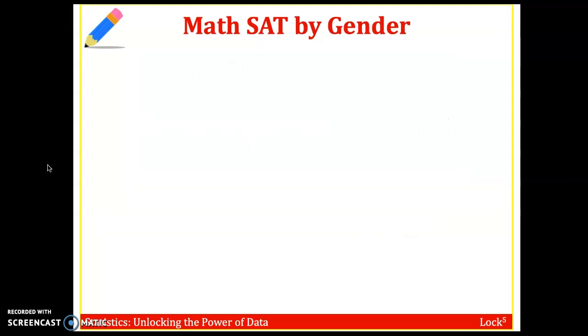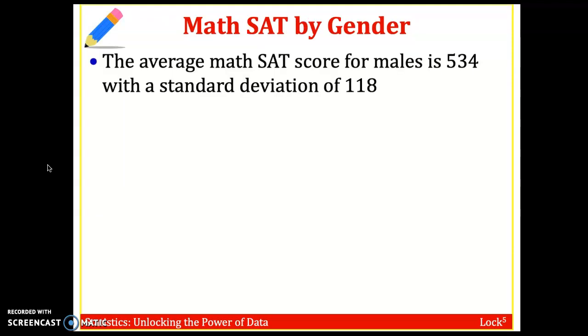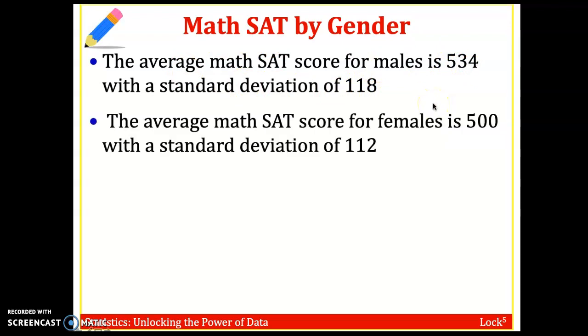All right, let's look at math SATs by gender. We're looking at math SAT score, which is a quantitative variable, and then breaking it down by gender, males versus females, so we have two groups. The average math SAT score for males is 534 with a standard deviation of 118.